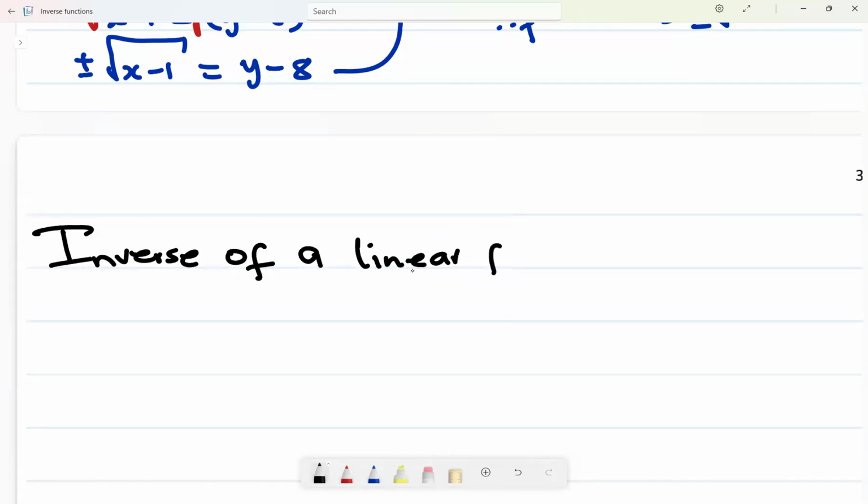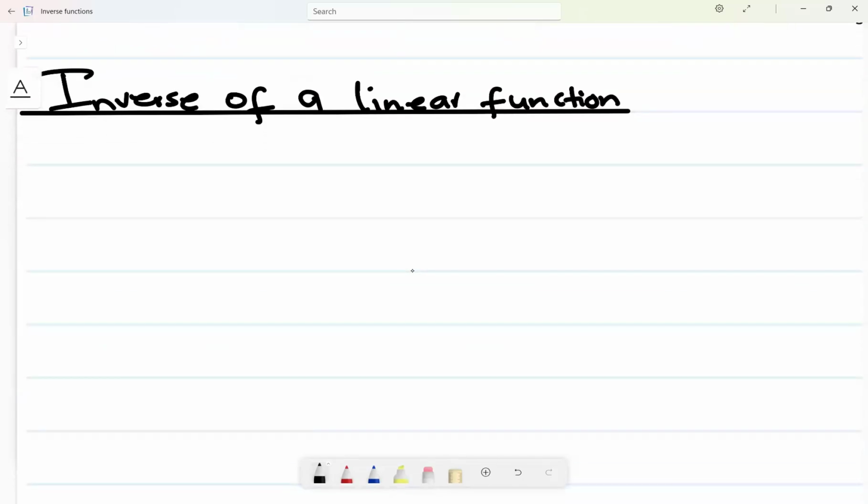So what exactly is going to happen here? Let us have an equation of a straight line. The equation of a straight line is always y equals mx plus c.